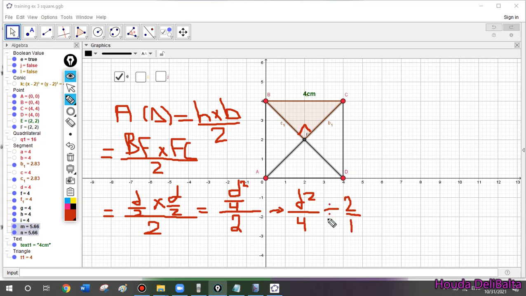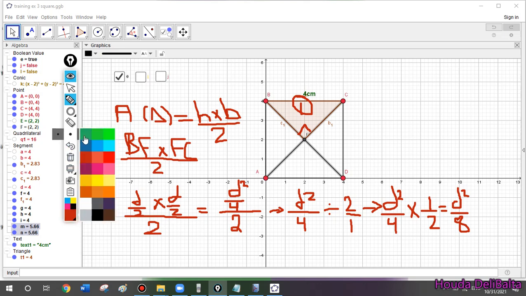Now, according to division of fractions, so here we are reviewing multiplication and division of fractions, switch the division sign into a multiplication sign and flip the second fraction. And thus we get D squared times 1, D squared over 8. That's for one triangle. So the area of that triangle is D squared over 8.